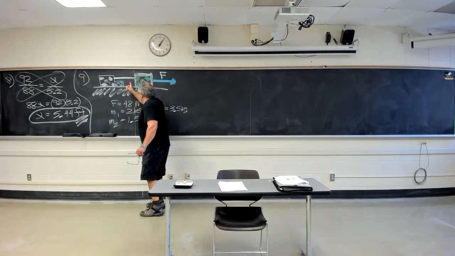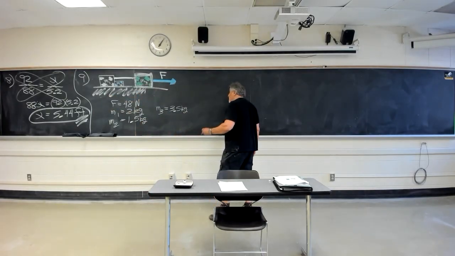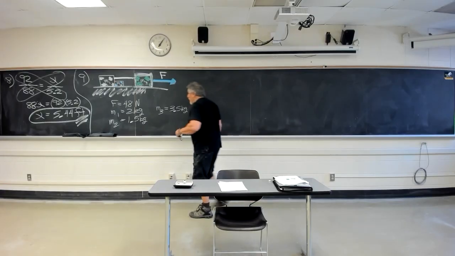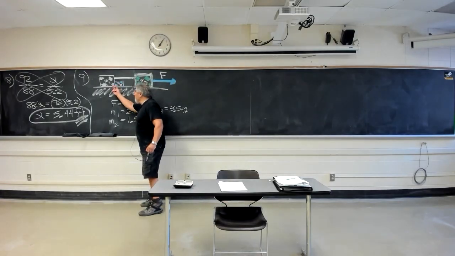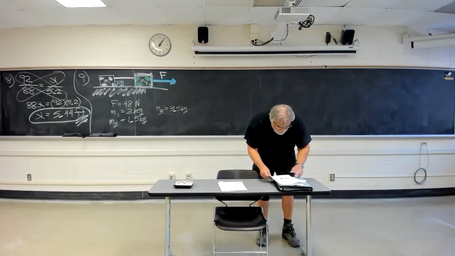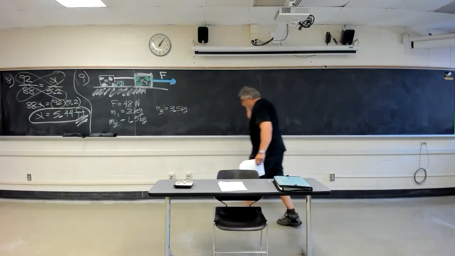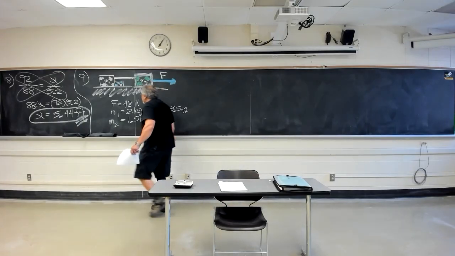But that tension right here, in here, is not moving M3. It's moving those two. So if you can figure out the acceleration that's being provided, the acceleration times the sum of the masses M1, M2 will give you what the tension in the cord is. That's kind of the argument. So let's take a look at it. It's a fascinating problem, and it's simple yet a little on the very interesting side.